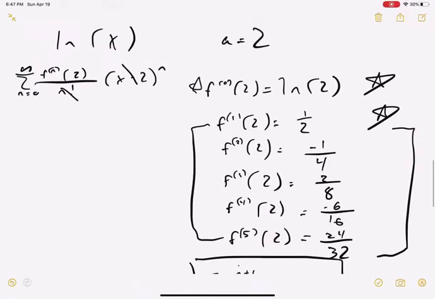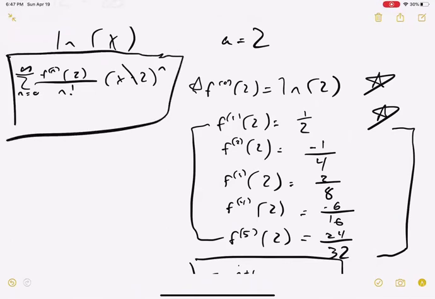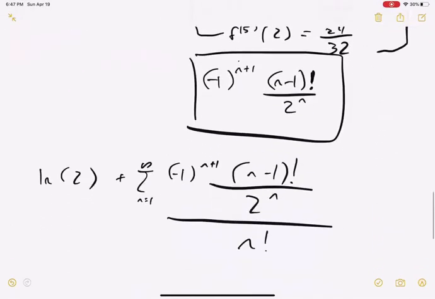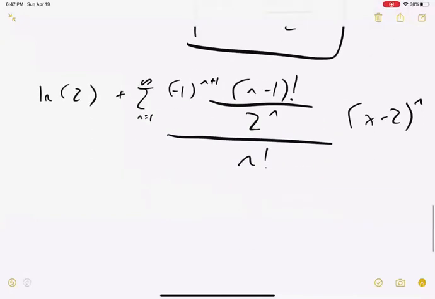The n factorial comes from my formula here. This part is just my fn, this is my n factorial, and then I still need my x minus 2 to the power n. Now the rest of this is just simplifying our power series. I'll keep my ln of 2 like it is, and I'll show the rest in several steps.